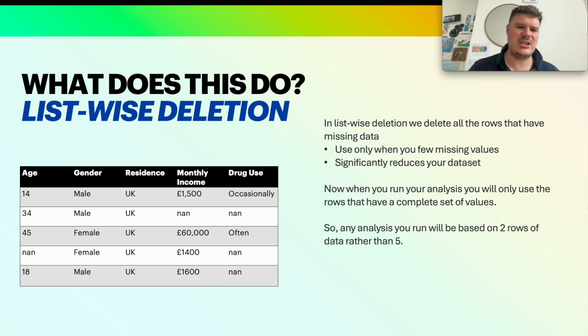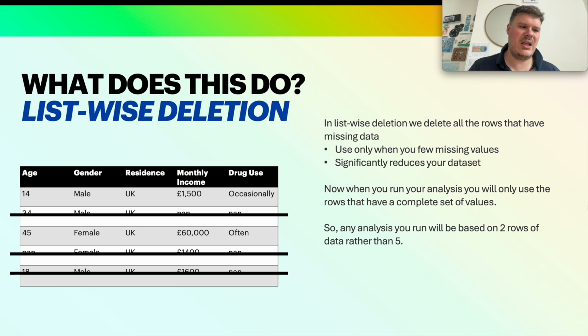One is listwise deletion. All that listwise deletion does is delete every row with missing values, no matter whether there's two values missing in a row or three or one. What it does do is reduce your data set significantly. So in the example here, you see there was 5 rows of data.